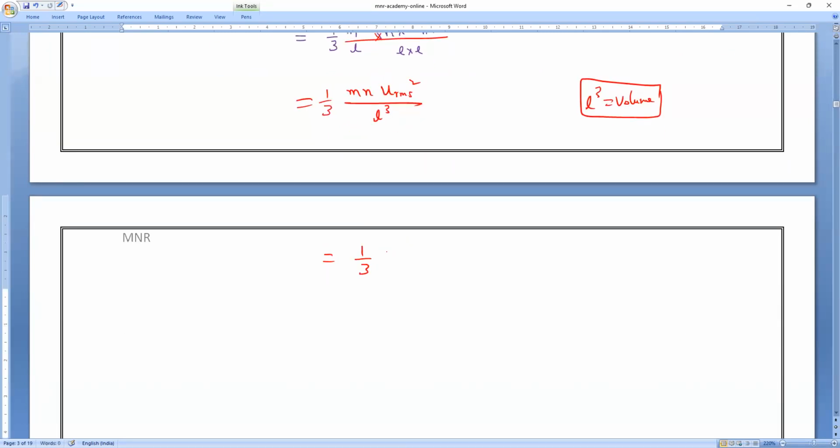So that's what we'll get. 1 by 3 into m n u square of root mean velocity divided by V, which is equal to P. Now PV will come this side. So PV is equal to what is that, everybody? 1 by 3 into m n u square.